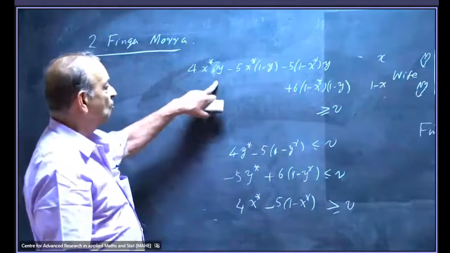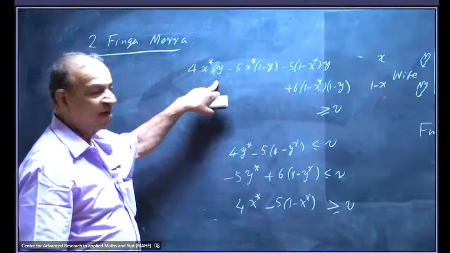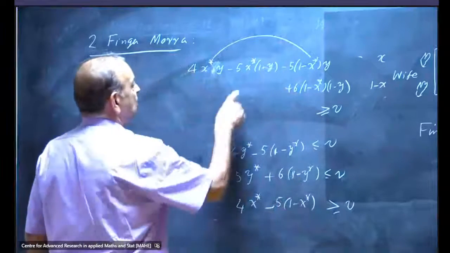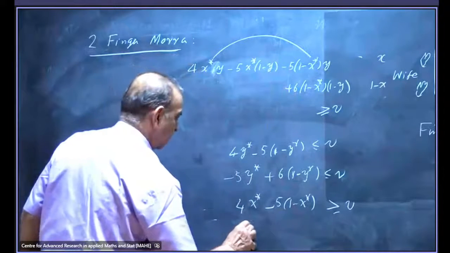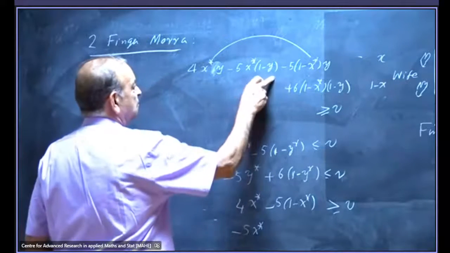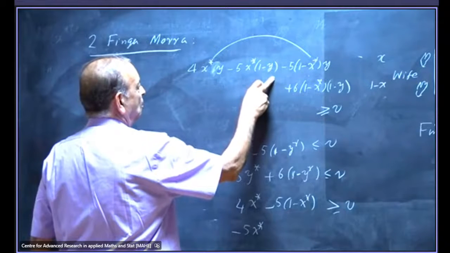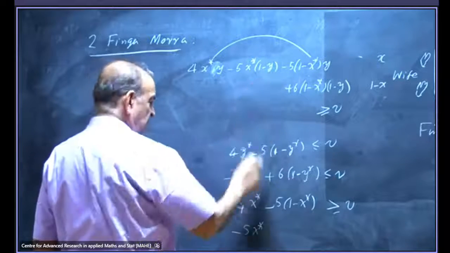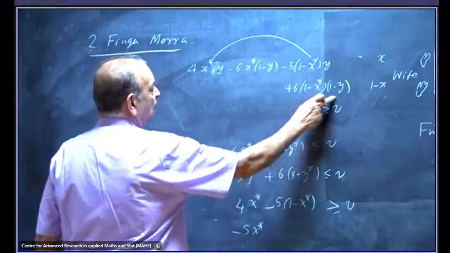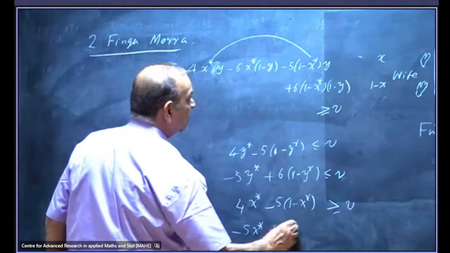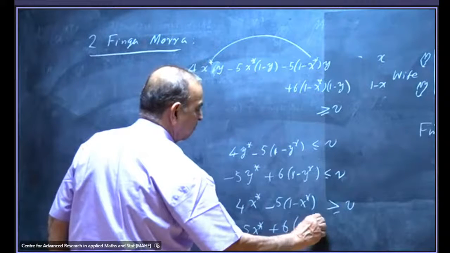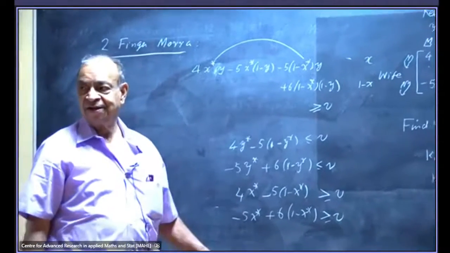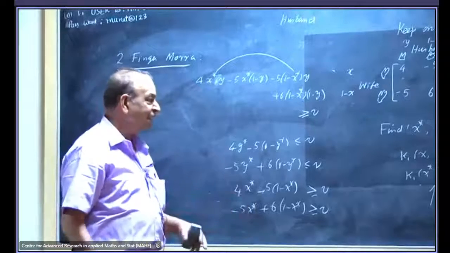I put also y equals 0. This dies, leaving minus 5 x star. When I put y equals 0, this one is plus 6 times 1 minus x star, which is greater than or equal to b. Okay? This many inequalities are there.